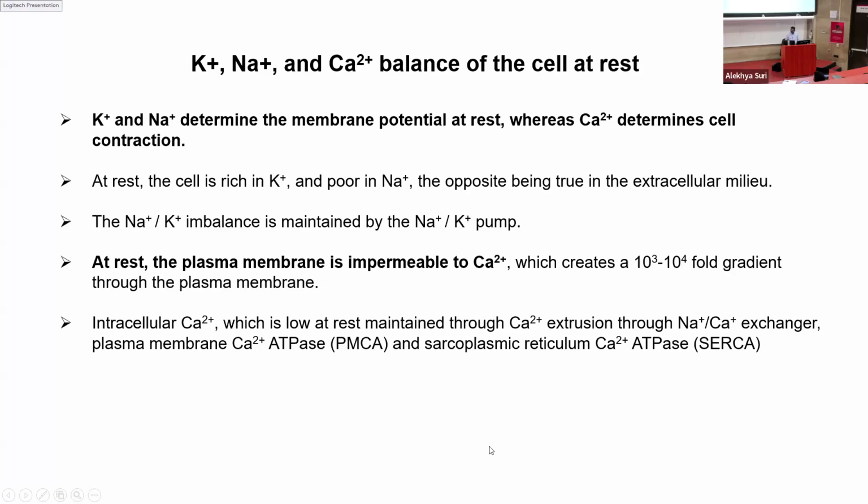So it uses ATP and maintains the high concentration of potassium inside the cell. During this condition, the plasma membrane is impermeable to calcium. The calcium channels won't get activated until the resting membrane potential is changed, so the calcium cannot enter into the cardiac myocytes.